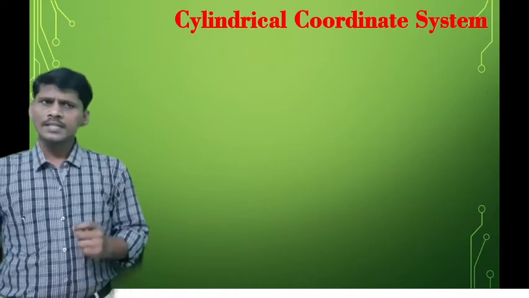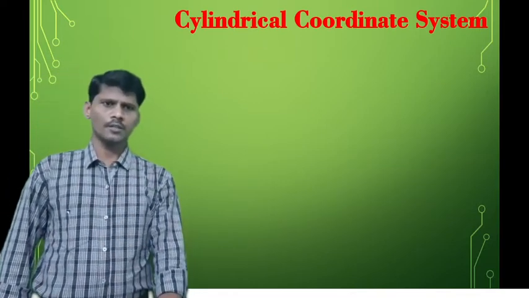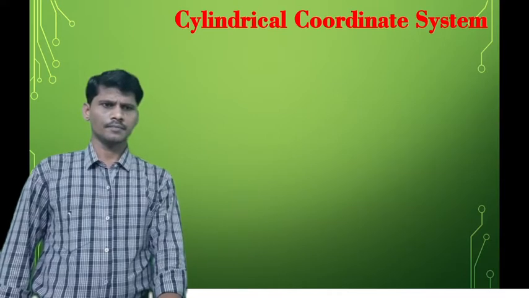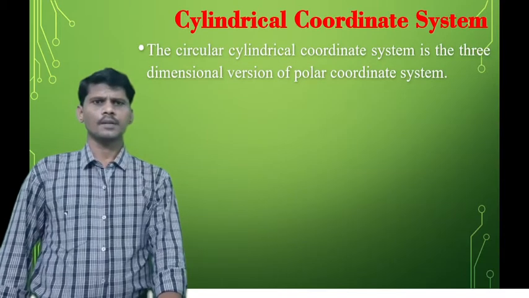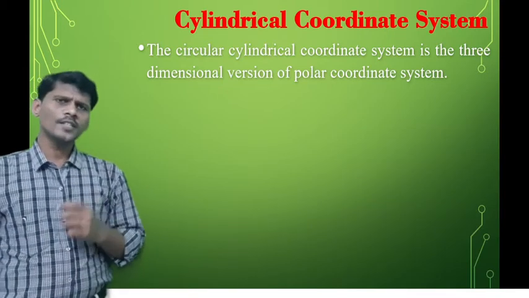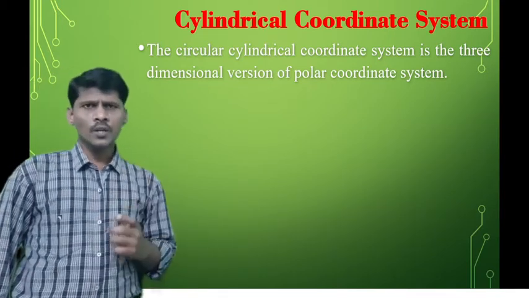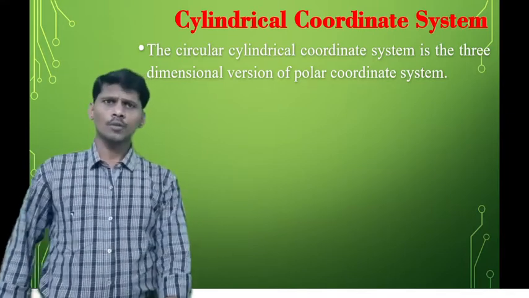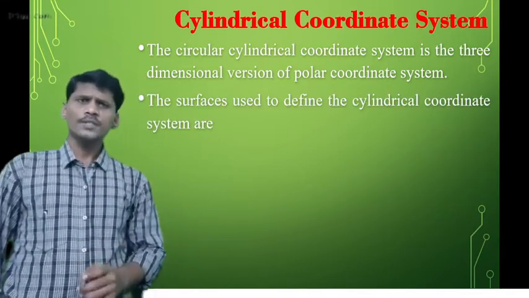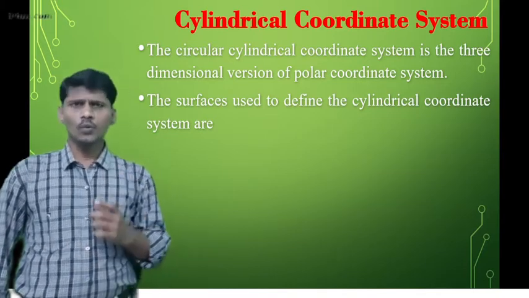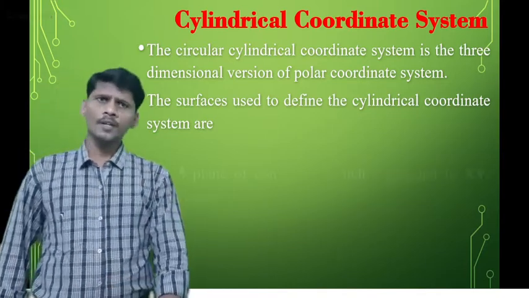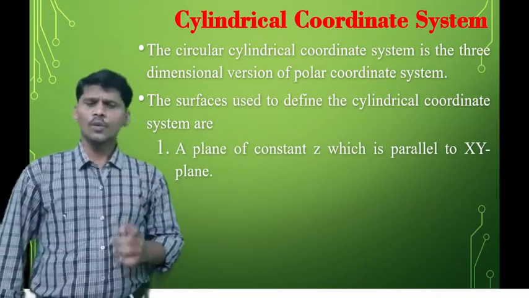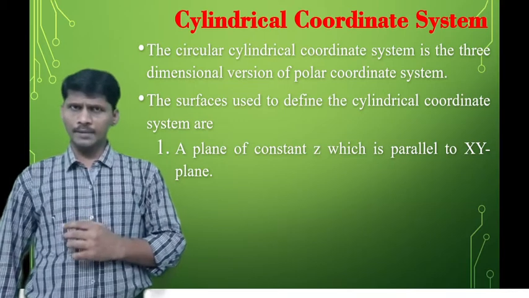Next, coming to cylindrical coordinate system. The circular cylindrical coordinate system is a three-dimensional version of polar coordinate system. The surfaces used to define cylindrical coordinate system are a plane of constant z, which is parallel to xy plane.